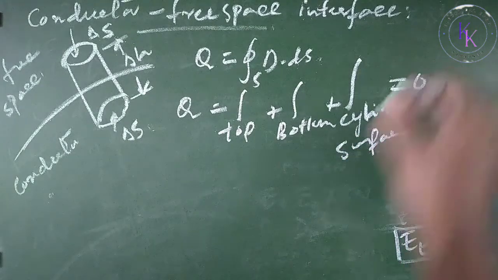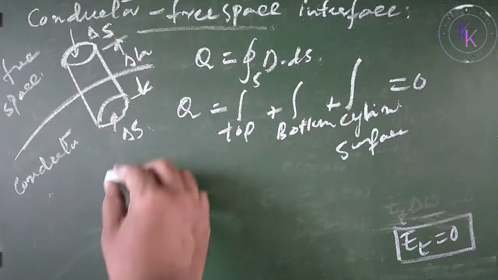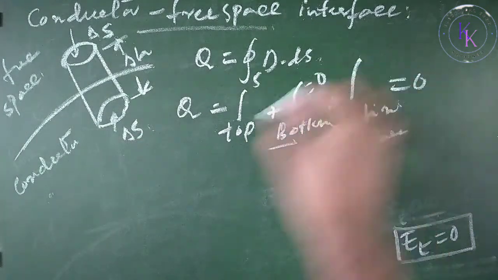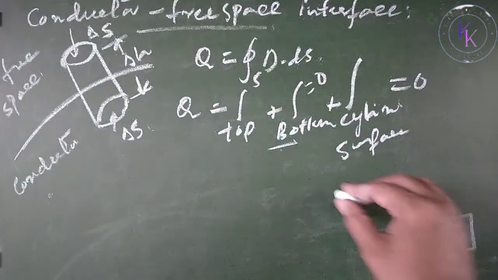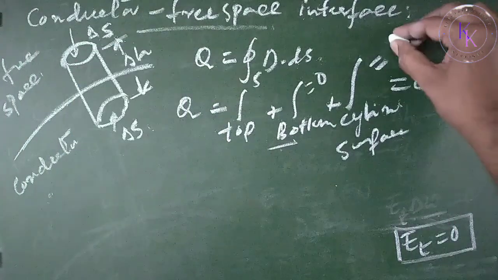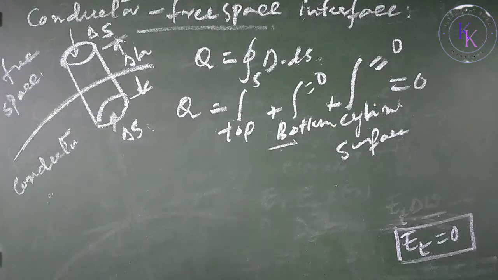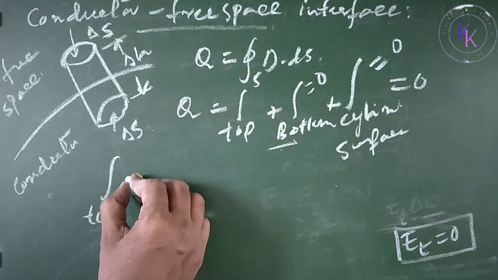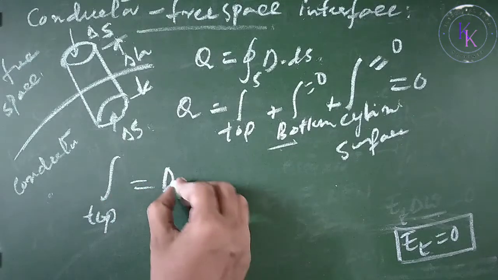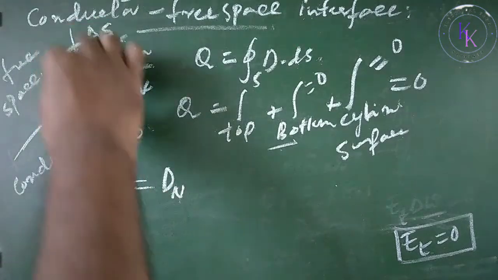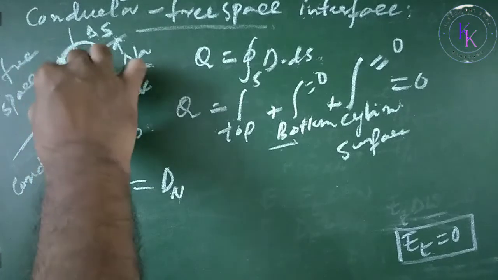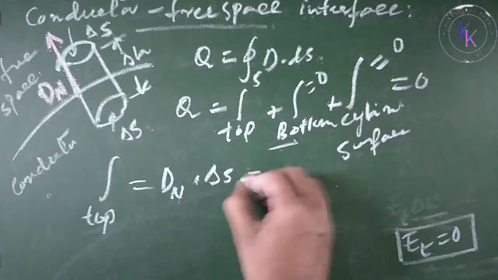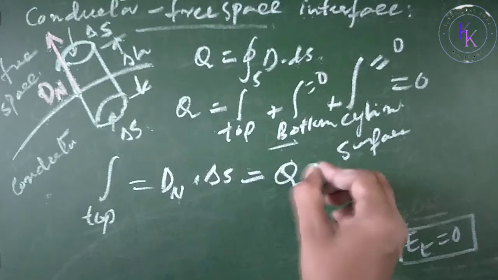The bottom surface is equal to 0 since it is inside the conductor. The cylindrical surface is equal to 0. Only the top will remain, which equals Dn, the normal component, Dn dot delta S equals Q.